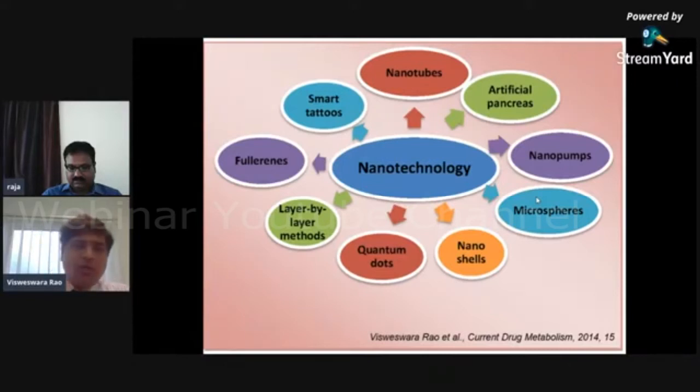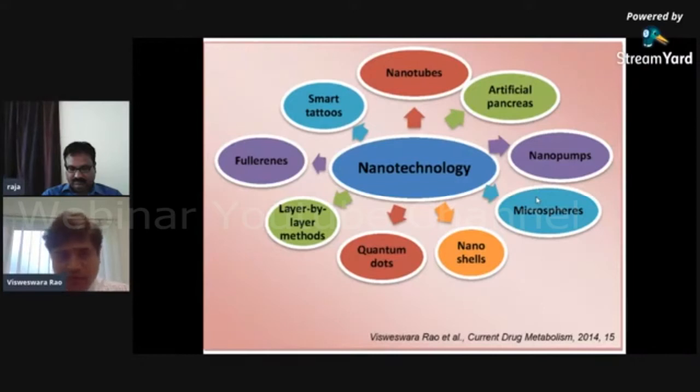So what are the different aspects, and what different molecules or materials can be used as treatment for diabetes? Nanotubes, artificial pancreas, nanopumps, microspheres, nanoshells, quantum dots, layer by layer methods, colorants, and smart tattoos.